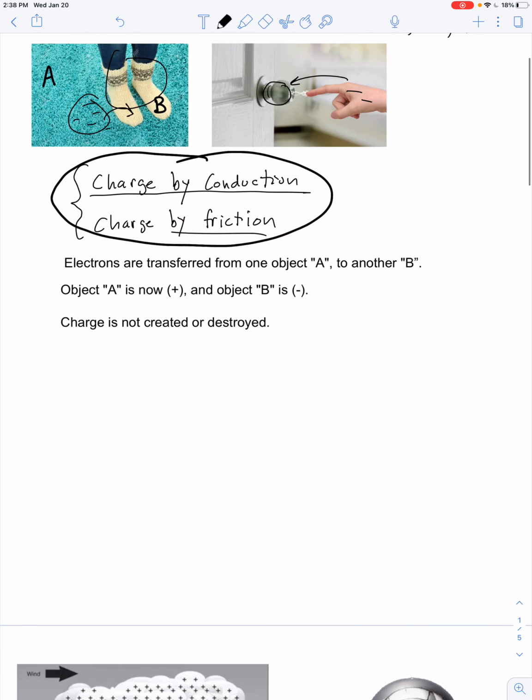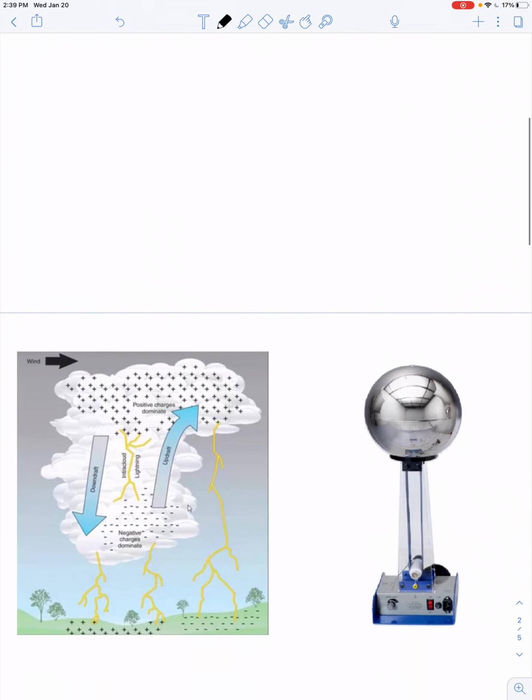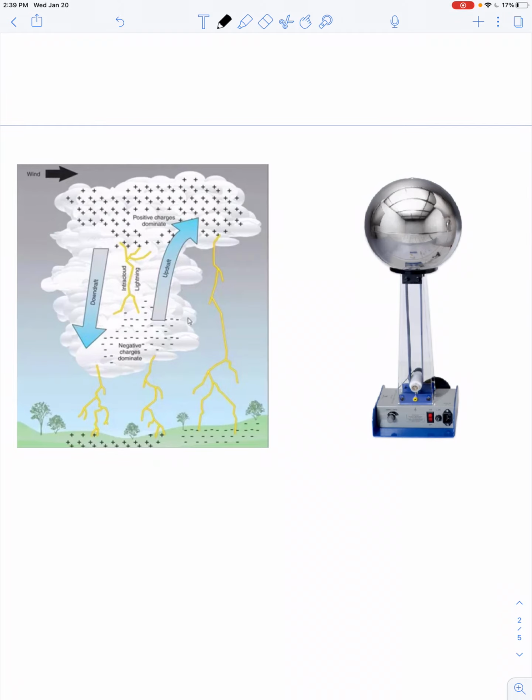Friction doesn't have to be the result of your feet rubbing across carpet. We get a similar process to charging by friction in the updrafts and downdrafts within large cumulus clouds. So in that process of the air just rubbing past one another, right?